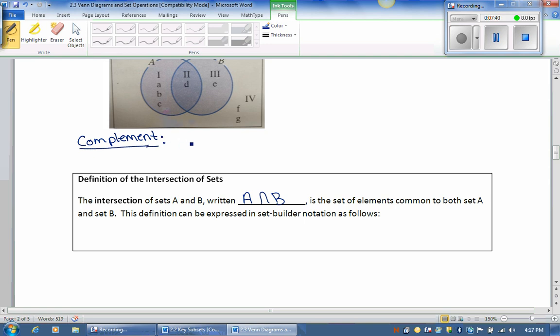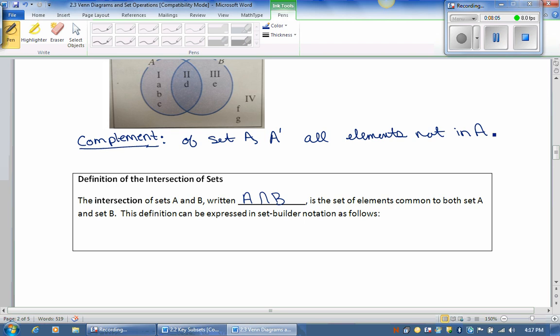And the way we represent that, say, of set A, we would say it's A prime. It's the complement, all of the elements in the universal set that are not in A. I don't know why I didn't have that in there.